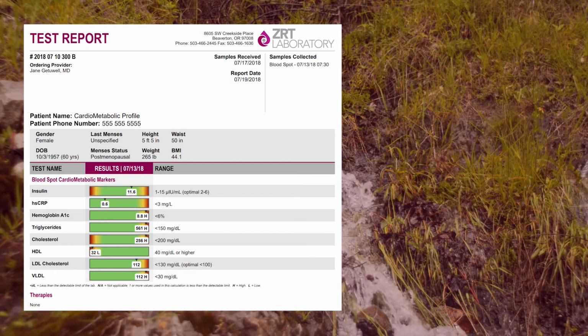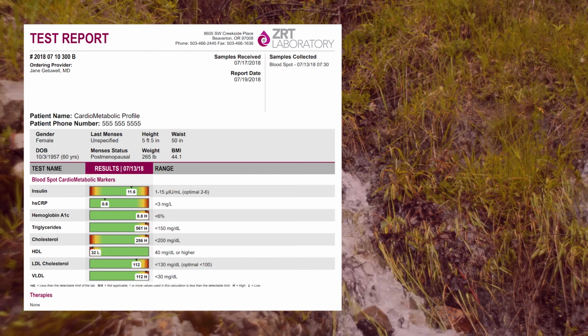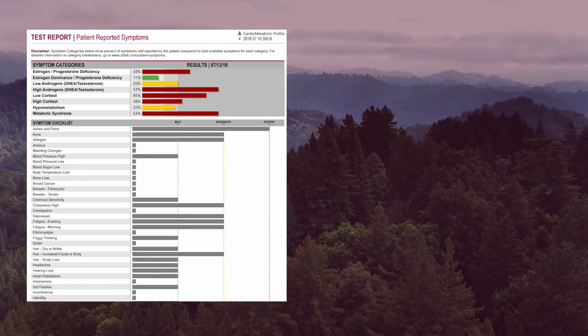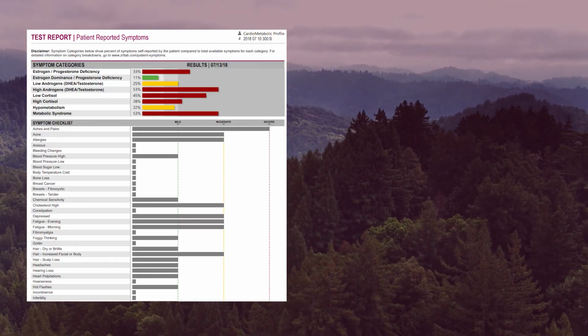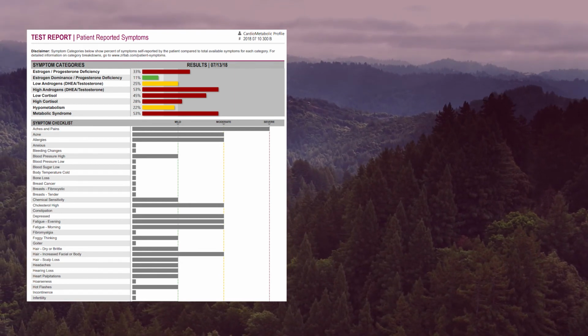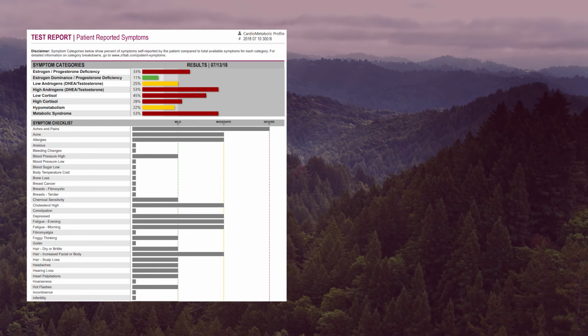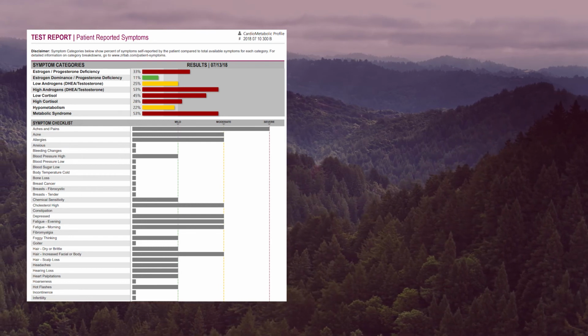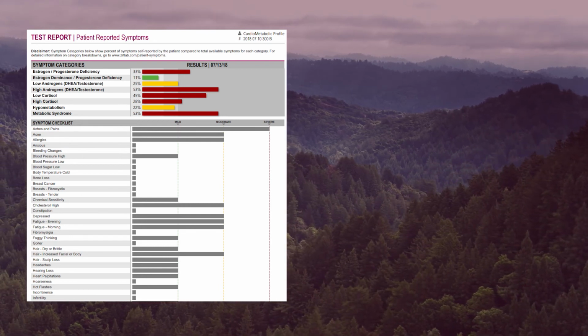Down at the bottom of this page, if the patient has reported any therapies that they're taking, we will display them there. And then moving down to the patient symptom survey, I want to point this out. We get a lot of questions about the patient symptom survey. Sometimes people wonder if this reflects anything about the lab results themselves.